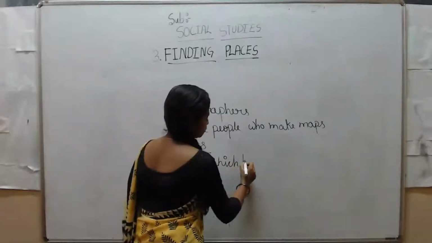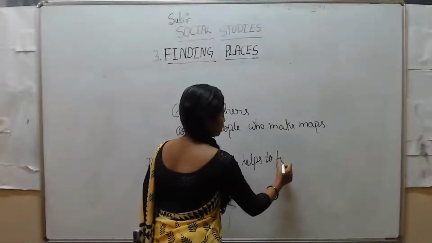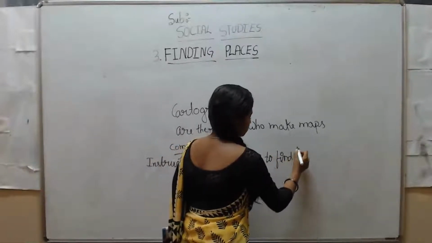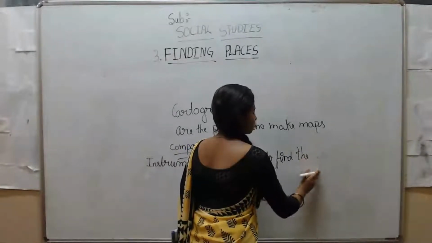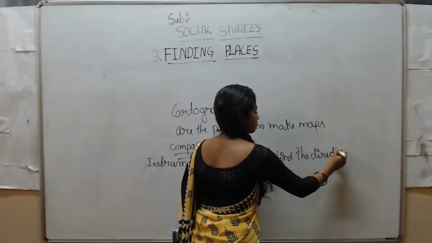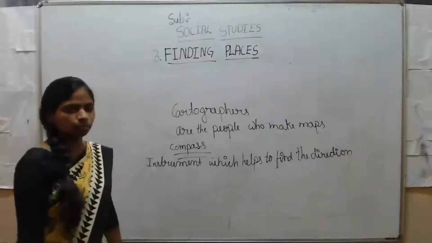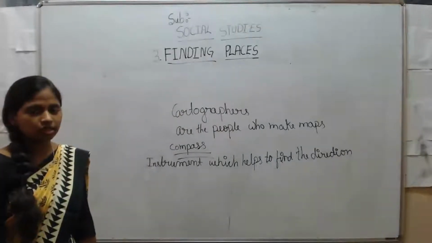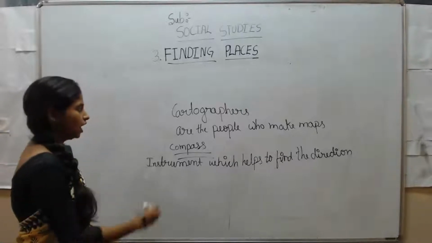So it helps to find the directions. And one more thing, I have explained to you about the sketch. So what do you mean by sketch? Yes, sketch is a rough drawing.